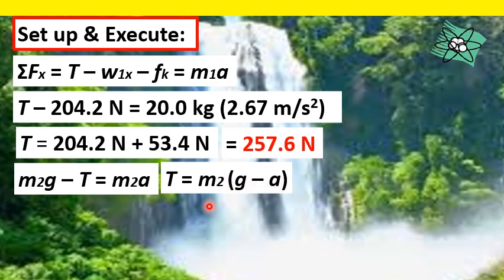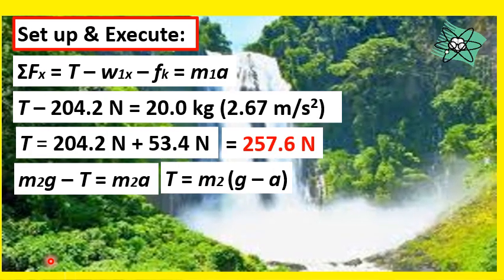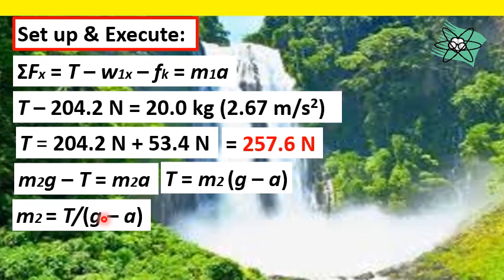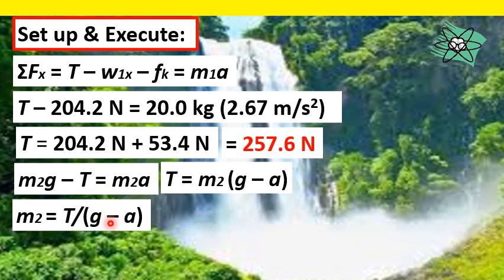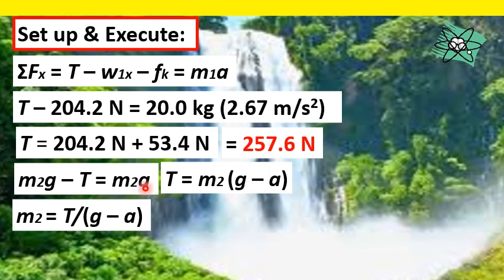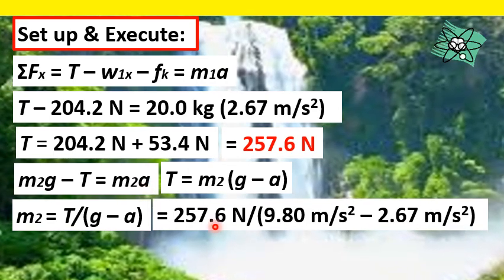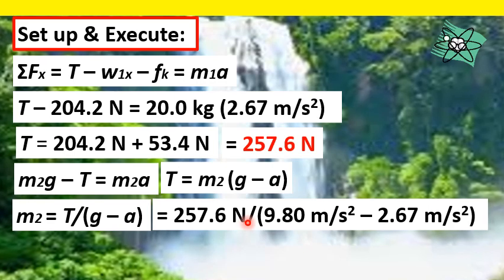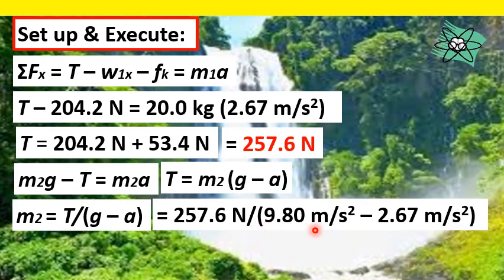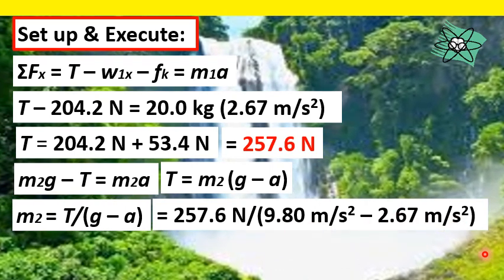And since what we are looking for is the value of M2, so isolating M2, we have the formula M2 equals the tension force T divided by quantity G minus A. So when we substitute the given values, we have 257.6 newtons, that's the value of the tension force, divided by 9.80 meters per second squared minus 2.67 meters per second squared.